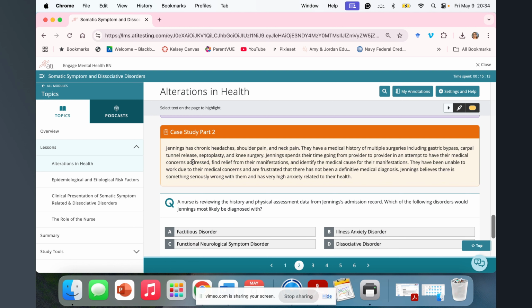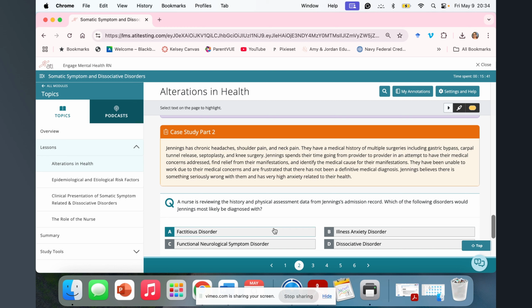So Jennings has chronic headaches, shoulder pain, and neck pain. They have a medical history of multiple surgeries, including gastric bypass, carpal tunnel release, septoplasty, and knee surgery. Jennings spends their time going from provider to provider in an attempt to have their medical concerns addressed, find relief from their manifestations, and identify the medical cause for their manifestations.